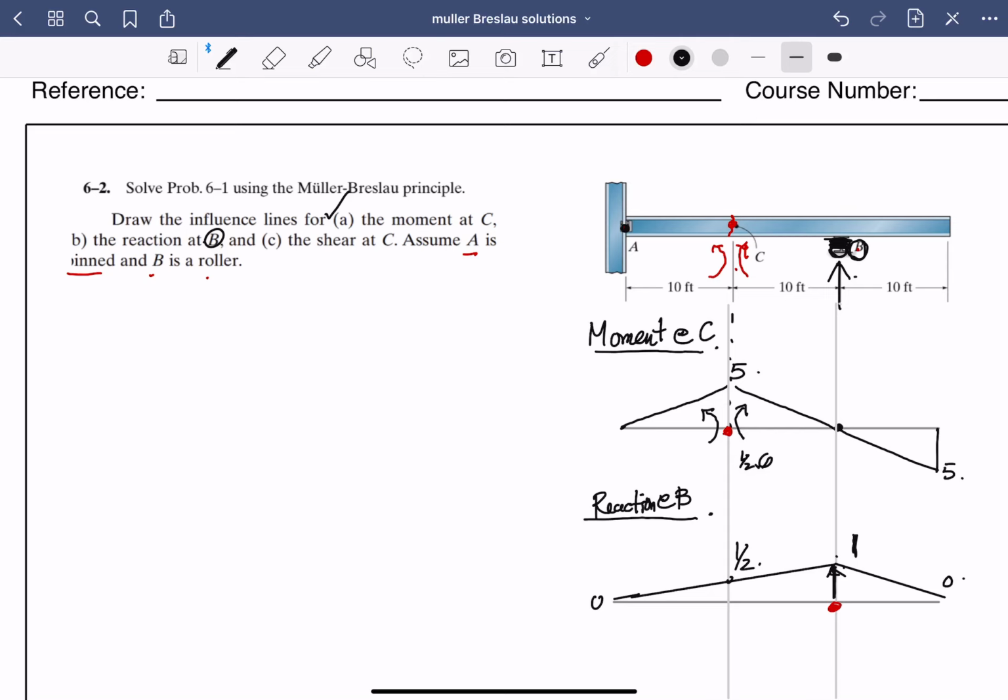Now for shear at C, assume A. Okay, so shear at C now. One's reaction, remember? And so what you do is you take that support and push it up.